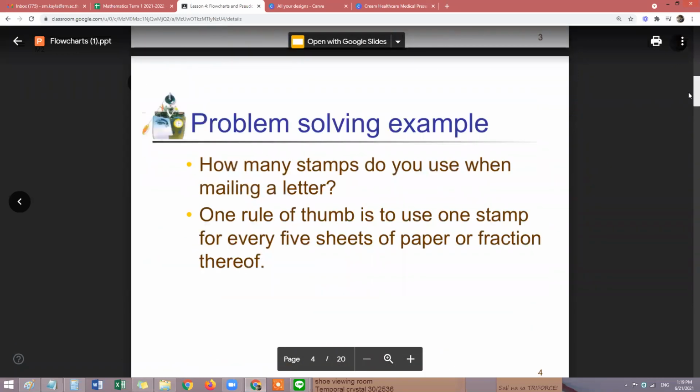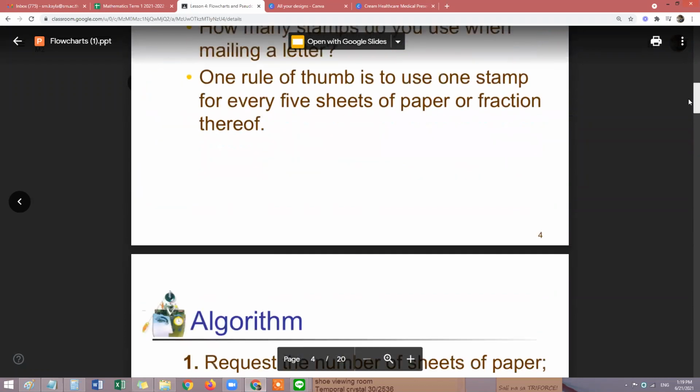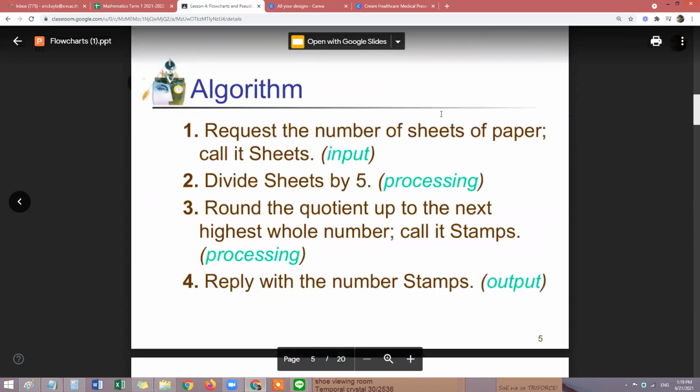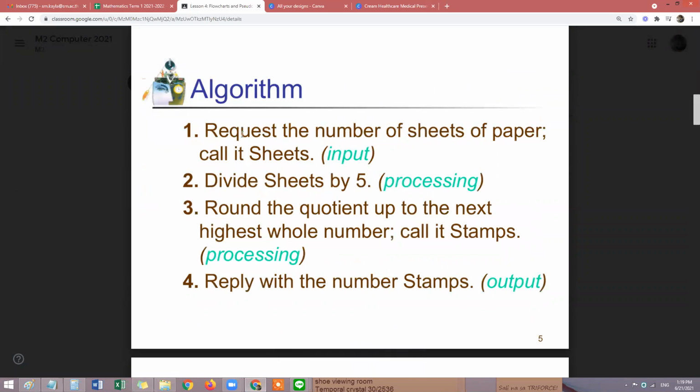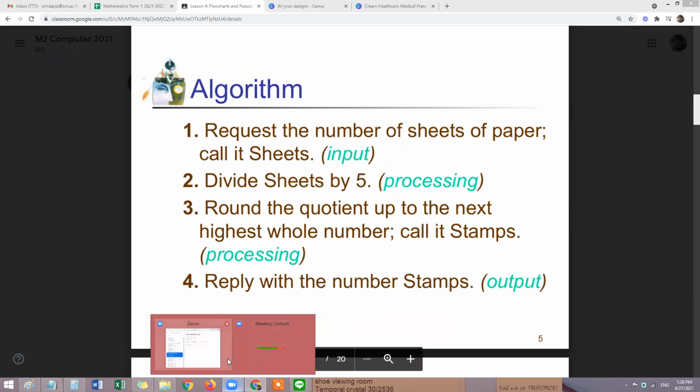Hello? Can you see my PowerPoint? Now I'm asking you, in this problem, can you tell me the variable names that we used? Give me one. Give me one variable that we used.